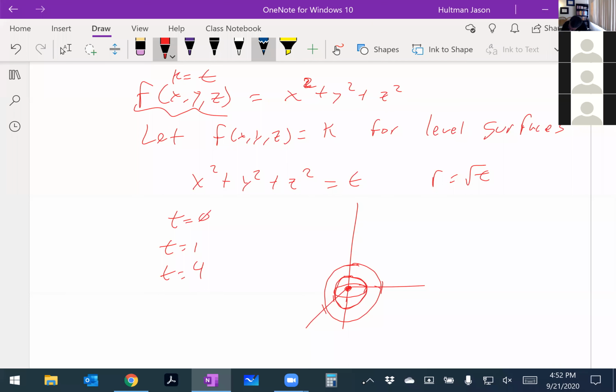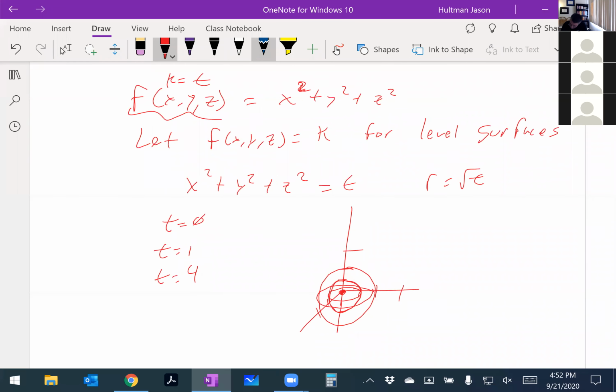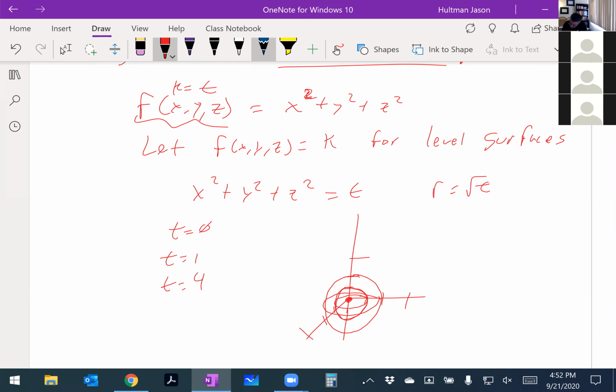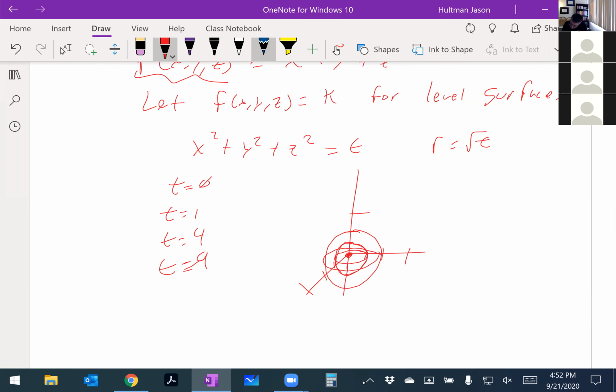So we're now at a sphere of radius 2. Okay, what happens when t is equal to 9? Well, now we're at a sphere of radius 3. Get the idea?